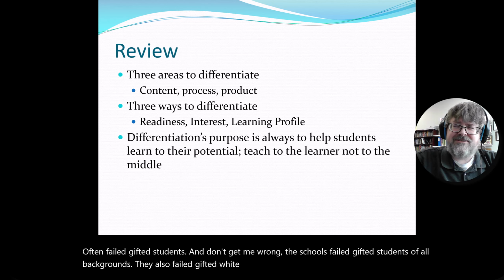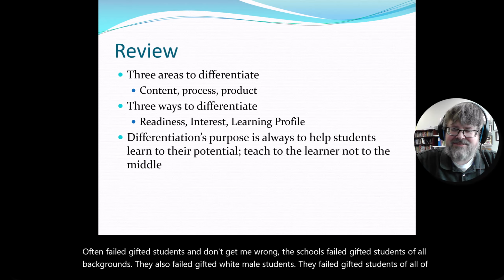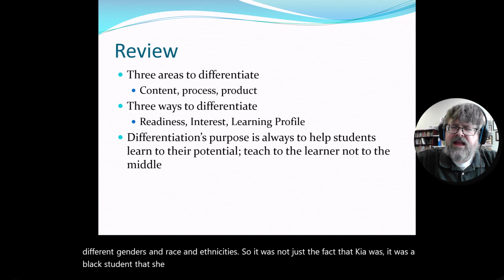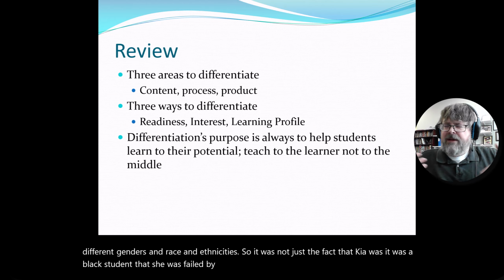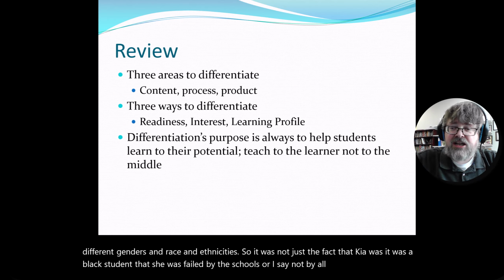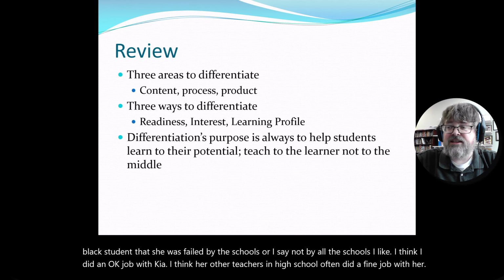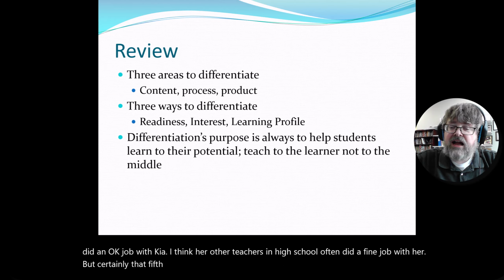They failed gifted students of all different genders, races, and ethnicities. So it was not just the fact that Kia was a black student that she was failed by the schools. Or I say not by all the schools. I think I did an okay job with Kia. I think her other teachers in high school often did a fine job with her, but certainly that fifth grade teacher failed her.